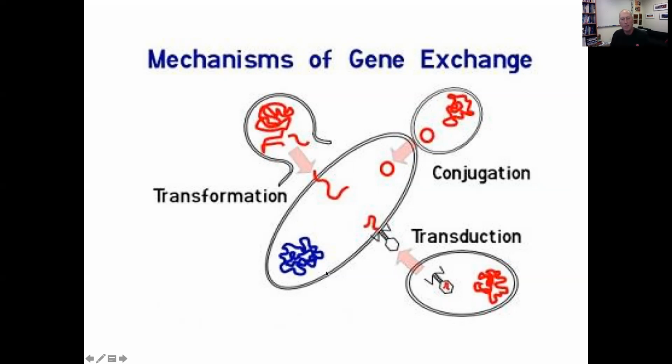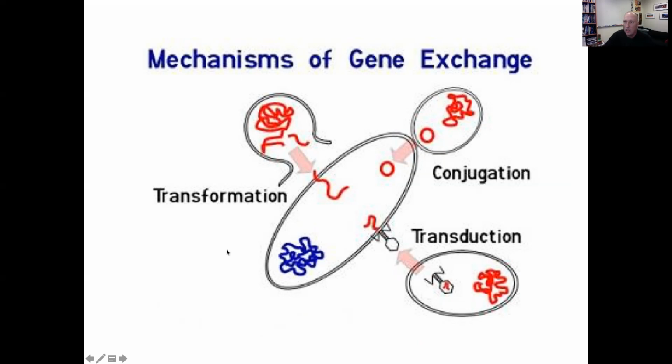And the last thing I'm going to tell you about, which you've actually already learned about, is a process by which bacterial viruses, bacteriophage, integrate into the host cell, and they can actually bring functional and useful DNA with them sometimes as well. So that's prophage integration, okay? So conjugation, transduction, transformation, and prophage integration.